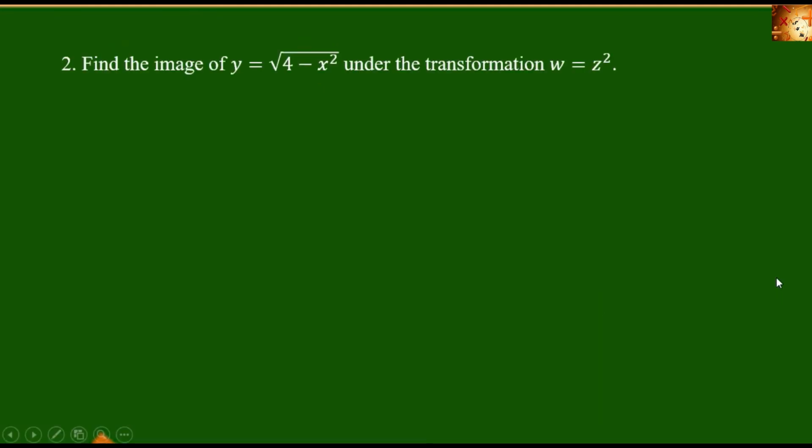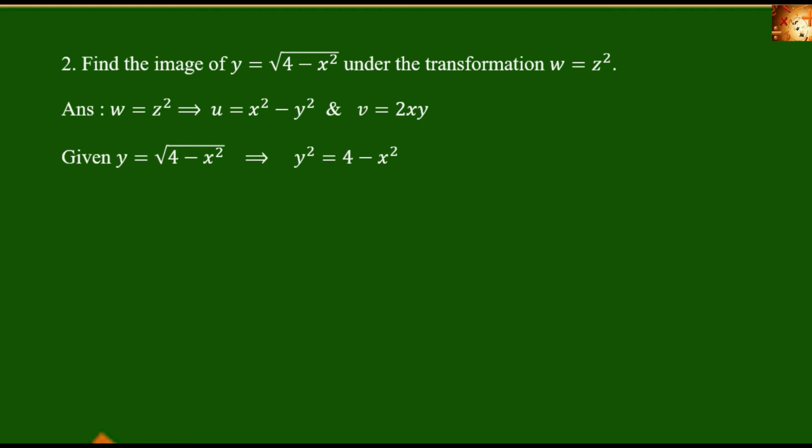Next problem, find the image of y equal to root of 4 minus x square under the transformation w equal to z square. Here also u equal to x square minus y square and v equal to 2xy. Then y equal to root of 4 minus x square is given. From that we get y square equal to 4 minus x square.